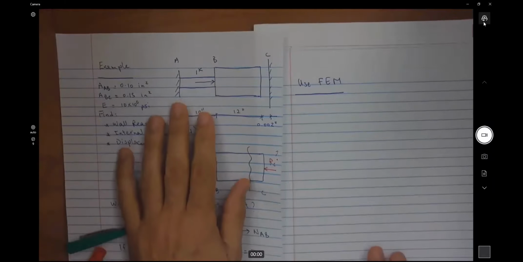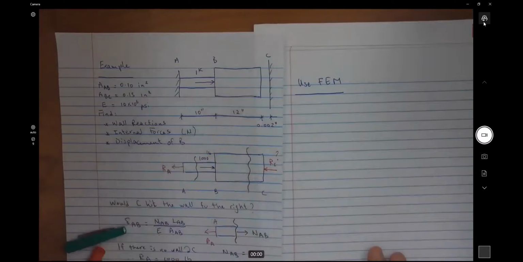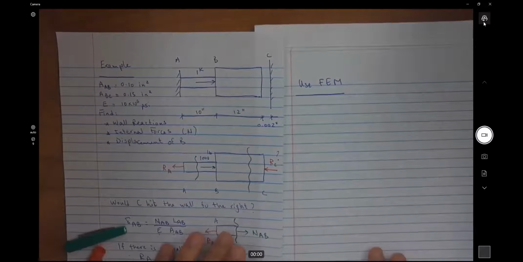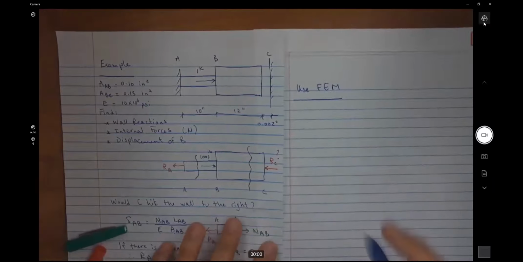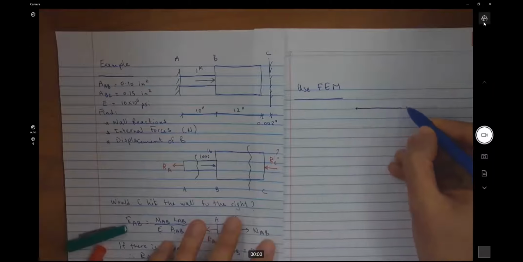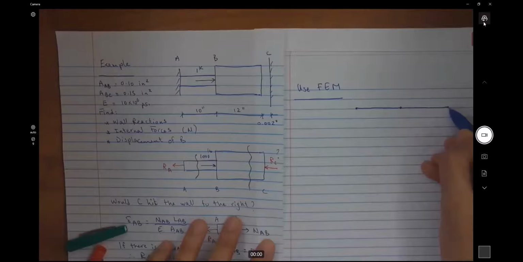So when I look at this problem, the first step is to discretize, to take this continuous system and make a mesh. So looking at it, each piece, like AB and BC, is like a bar or a string, right? So I can model these as 2 bar elements. One is 10 inches and the other is 12 inches.